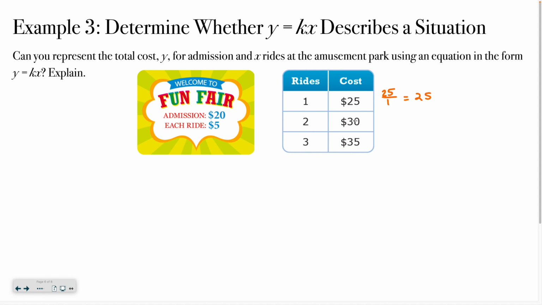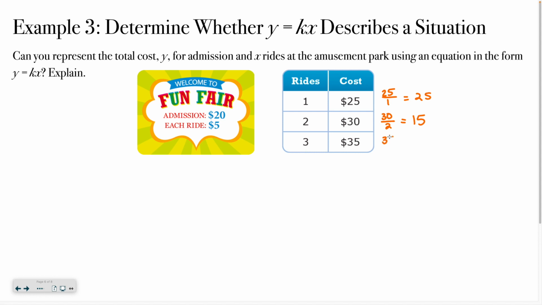And then if you were to do 2 rides, that would be $10 for rides plus the $20 of admission. So that'd be $30 for 2 rides. And that's going to be a 15. Now, do you notice right away, 25 and 15, those are not the same number. That means that this relationship is not proportional, and that means that we cannot use that equation.